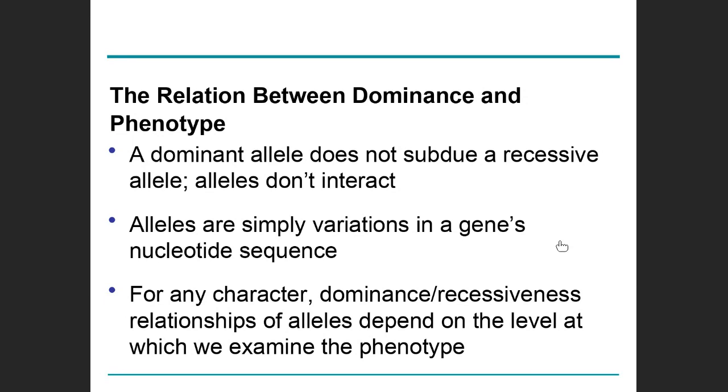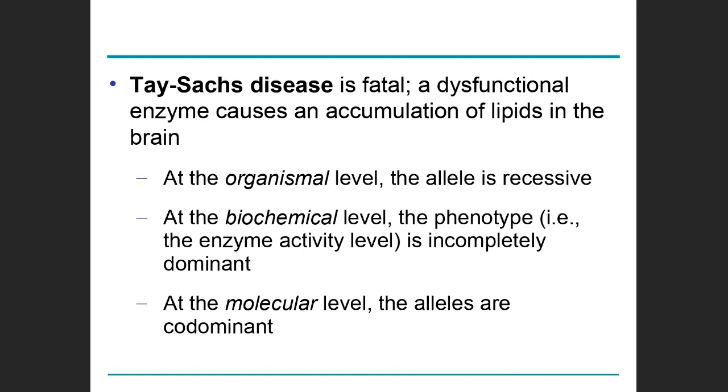So it's still the gene for flower color, but you have an allele that makes red flowers, an allele that makes white flowers. There's just different versions of that gene. And for any character, for any trait, dominance and recessiveness relationships of alleles will depend on the level at which we examine the phenotype. So what do we mean by that?